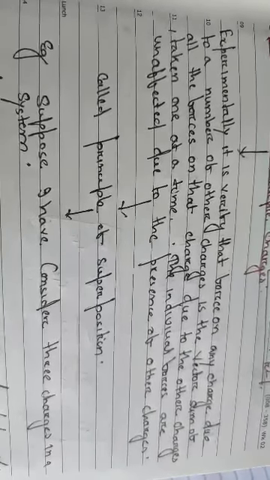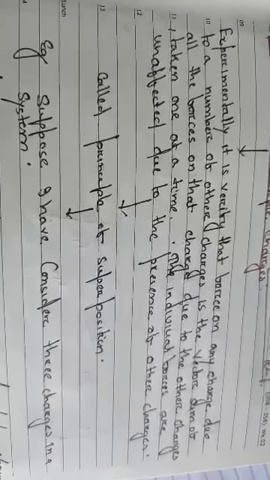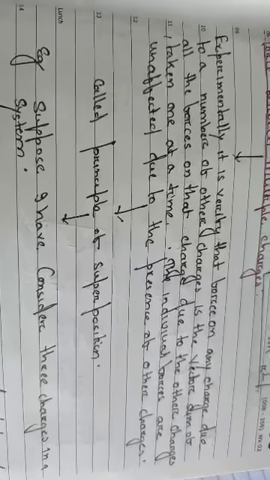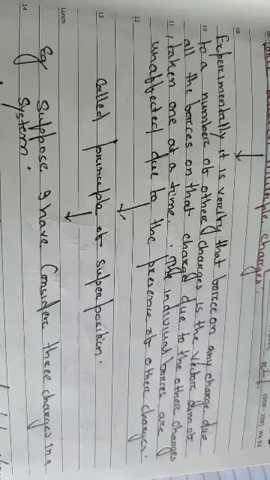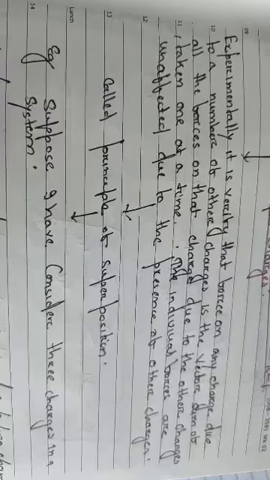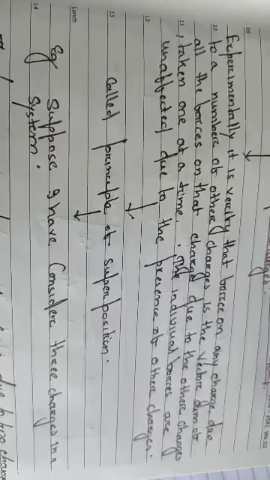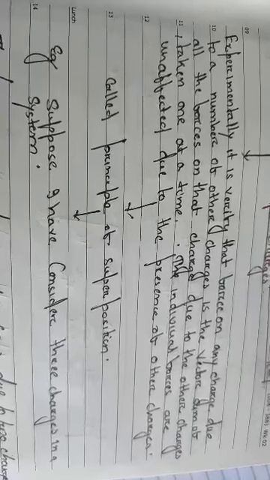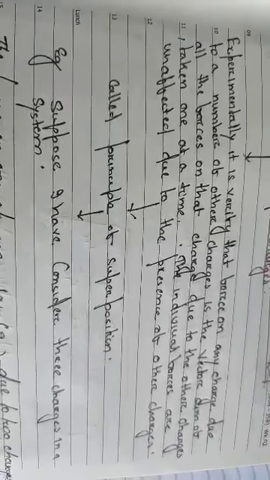The individual forces are unaffected by the presence of other charges. Means the two charges you have considered remain unaffected by all other charges, and this is the experimental part of the principle of superposition.